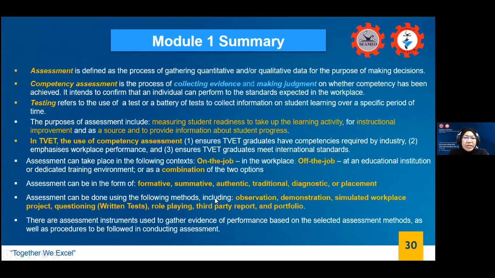Assessment can be done using the following methods, especially performance-based: observation, demonstration, simulated workplace project, questioning, role-playing, third-party reporting, and portfolio. What I would like for you to know, everybody, is that third-party reporting is very much on the job, based on the report given by supervisors.